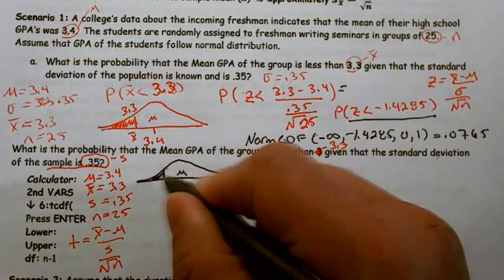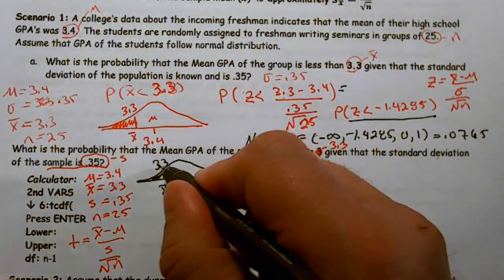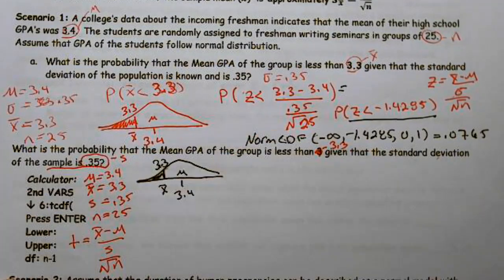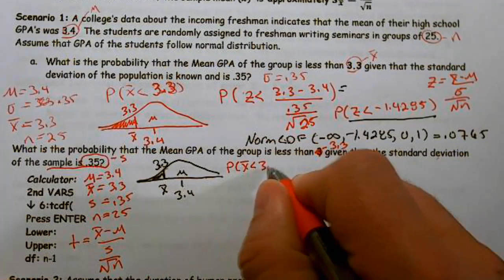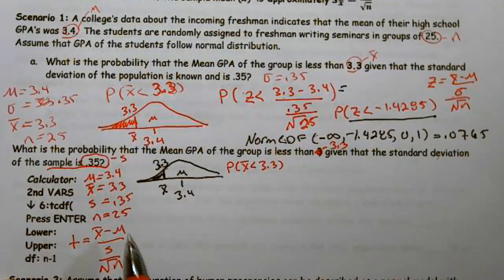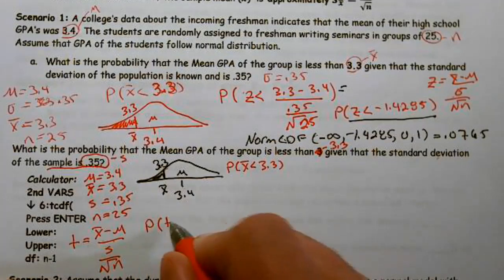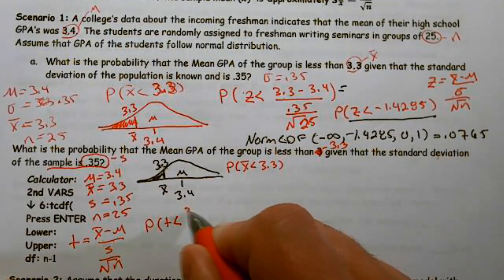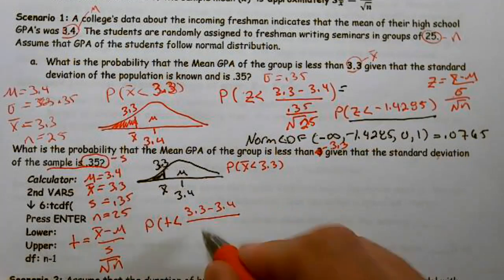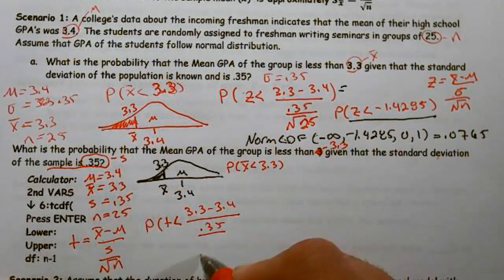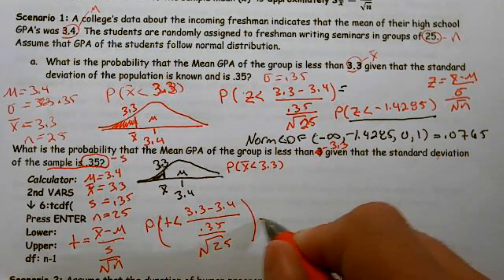My X bar is at 3.3. So my picture is exactly the same, and we're looking for, once again, the probability that X bar is less than 3.3. When I plug into this formula, I end up with the probability that T is less than 3.3 minus 3.4 divided by 0.35 divided by the square root of 25.